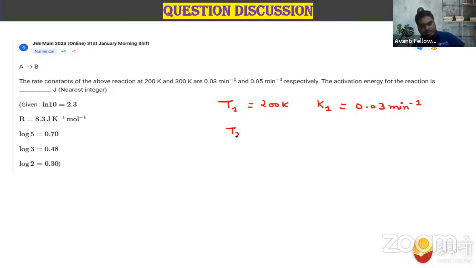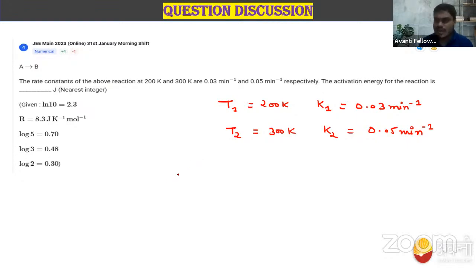Similarly, at temperature T2, 300 Kelvin, we have K2, having the value 0.05 minute inverse, right? Now you have to calculate the activation energy of the reaction.